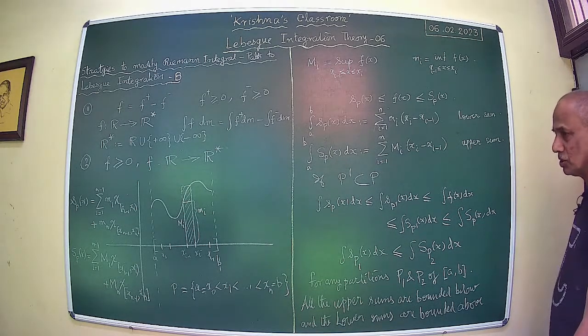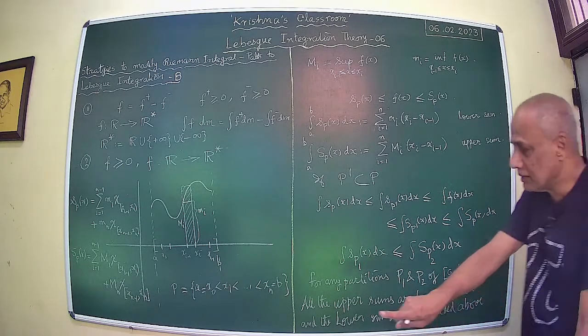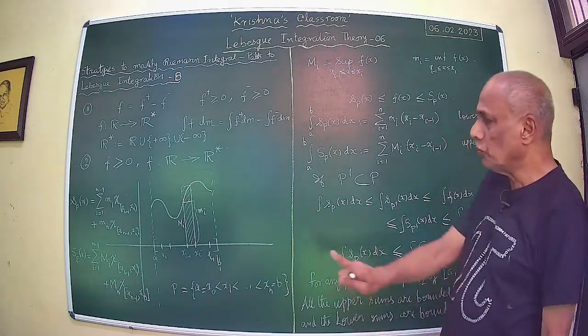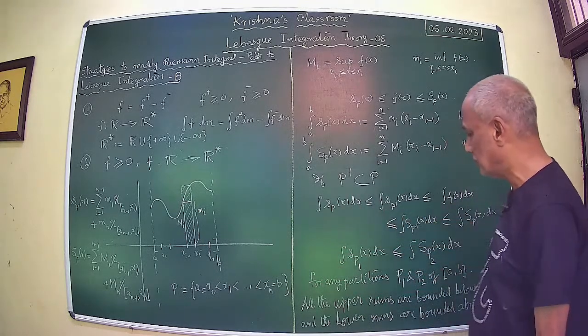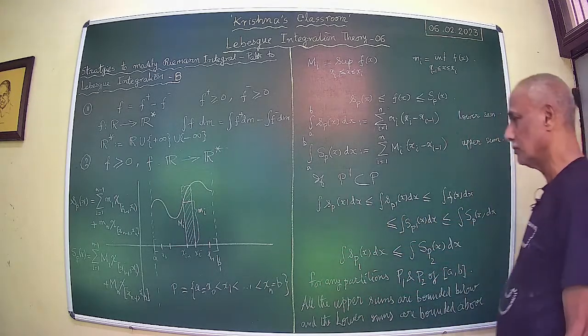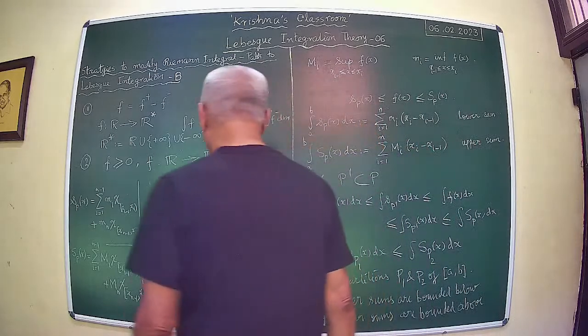So the supremum of the lower sums exists, which you call the lower integral of f.